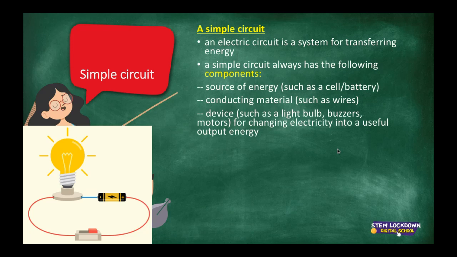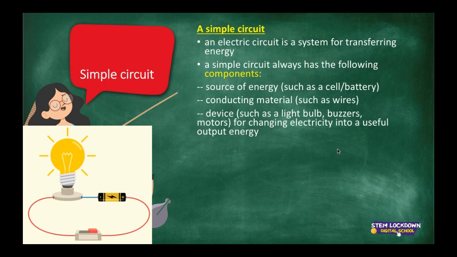So if you want a light, you'd have to attach a light bulb to the wire, to the battery. If you want to play a game of, let's say, 30 seconds and you want to have a buzzer, instead of having a light bulb, you would attach a buzzer. Depending on what you need, the battery and the wire would supply the necessary energy.